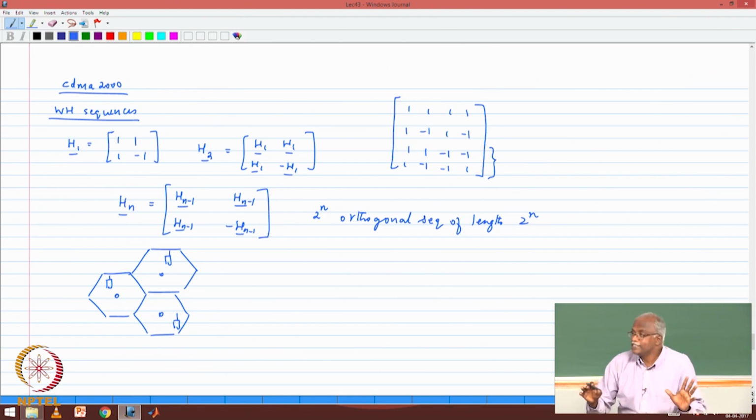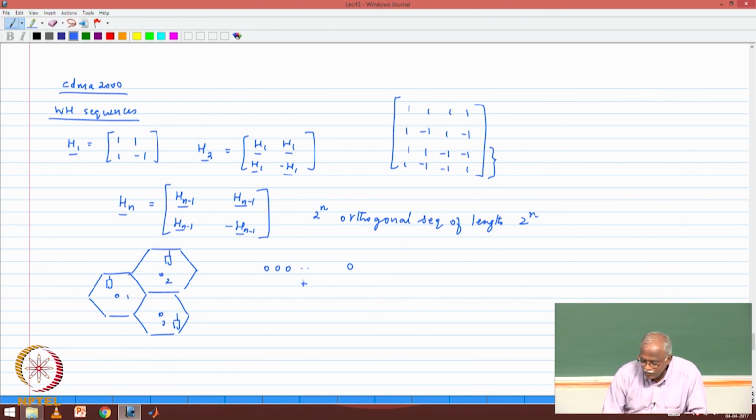So the way the system was designed, again a very brilliant method, was that you transmit all zeros from all the base stations. Then how am I going to figure out whether it was base station 1, 2 or 3?